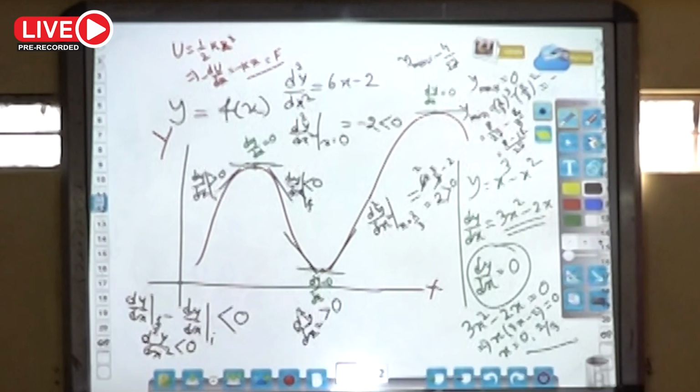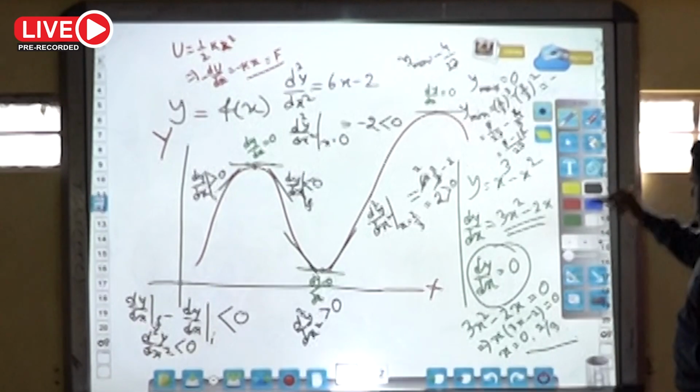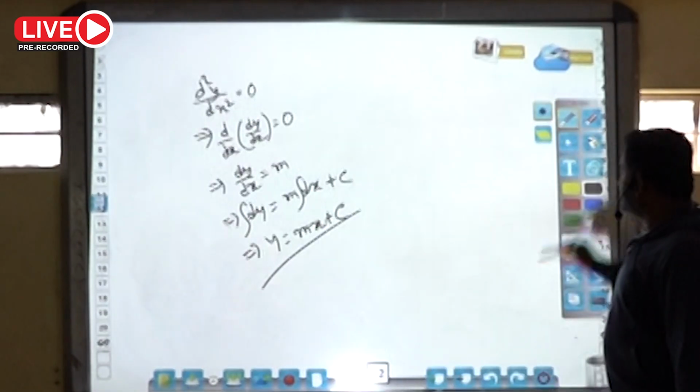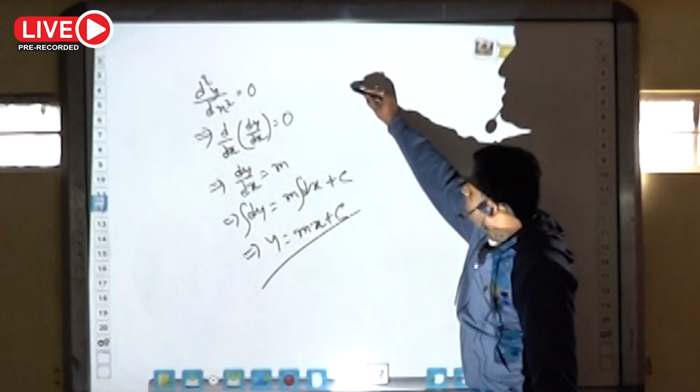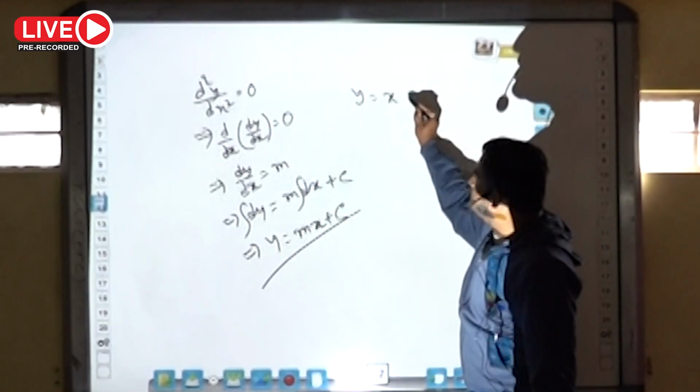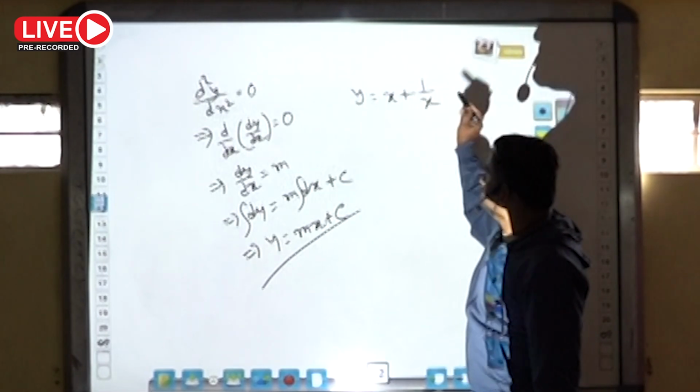With those values, also calculate the second derivative and check its sign. For a stationary point where the double derivative comes negative, the maxima exists, and where the double derivative sign is positive, the minima exists. Okay, now for this function, show me y equal to x plus 1 by x.